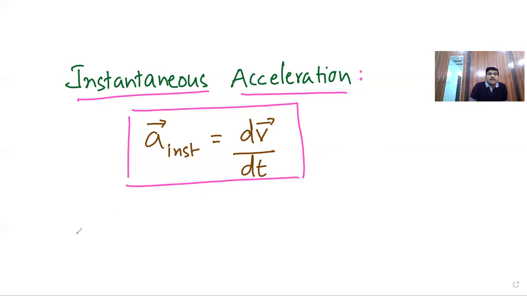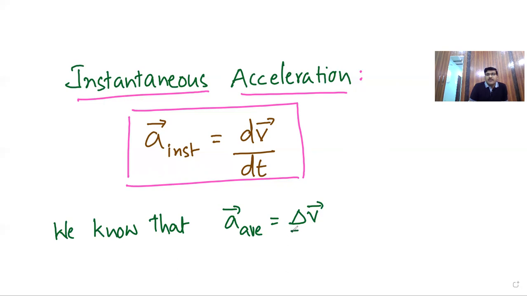Here, we know that average acceleration is delta v bar by delta t.